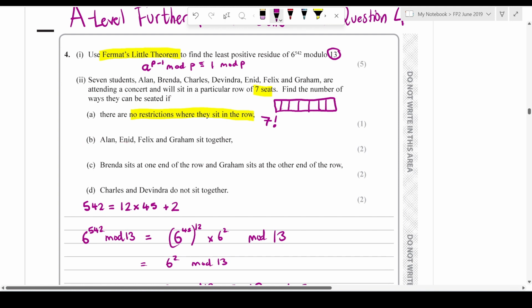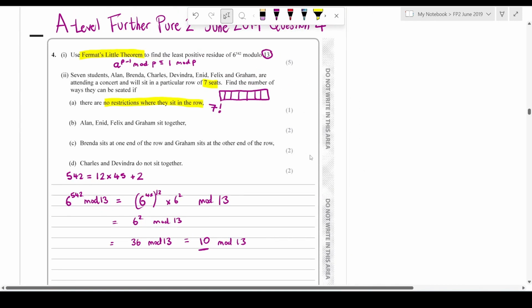Now we have these 4 people sitting together. This is going to require a bit more thinking. We could have A, E, F, G like that, and then any rearrangement of that.